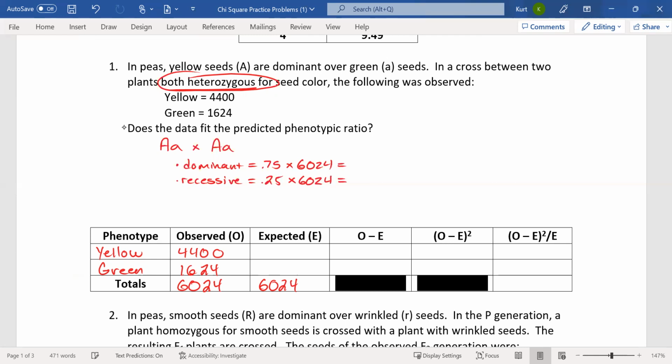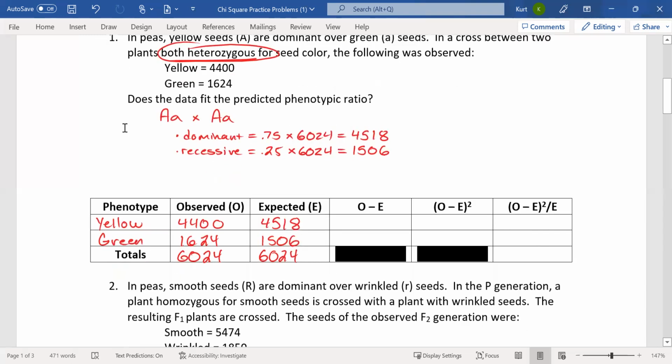What is 0.75 times 6,024? 4,518. And what is 0.25 times 6024? 1,506. Let's put those in here. That's the quote unquote hard part.